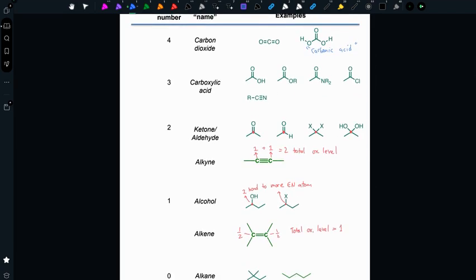So generally, applying our terms, when something is moving up, we would say that's oxidation, or we would say that carbon is being oxidized when we're moving up this list. When we're moving down this list, that's when we say carbon is being reduced.